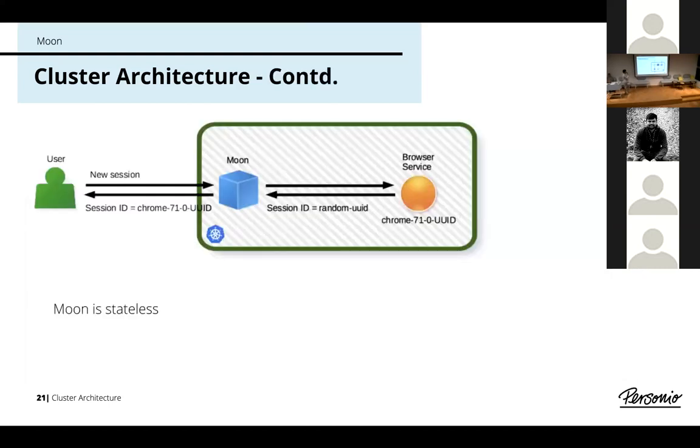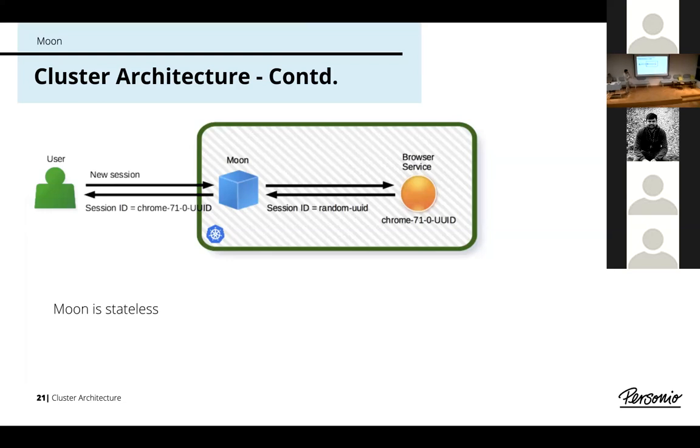Yeah, perfect. All right, so this is the continuation of the cluster architecture. I told you before that Moon is stateless. I will tell you why Moon is stateless. So this is the user, which is the end-to-end framework. It is requesting a new session from Moon, and Moon will contact the Kubernetes API to create a browser pod and a browser service.